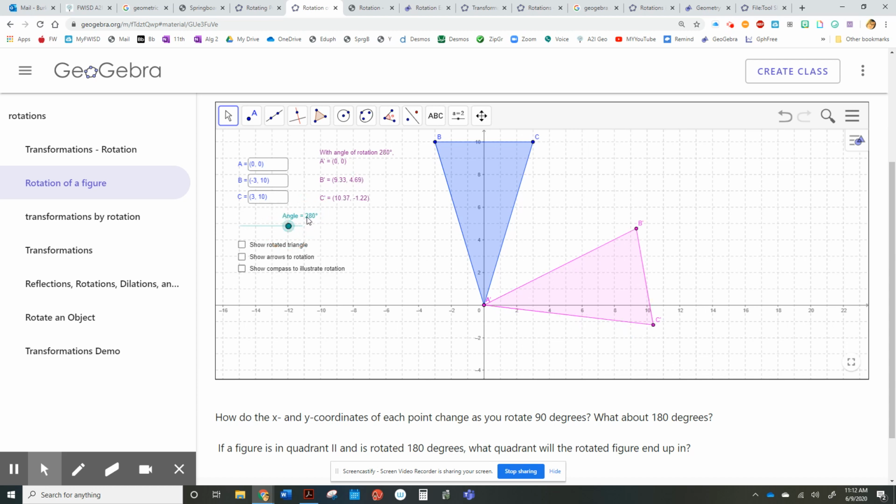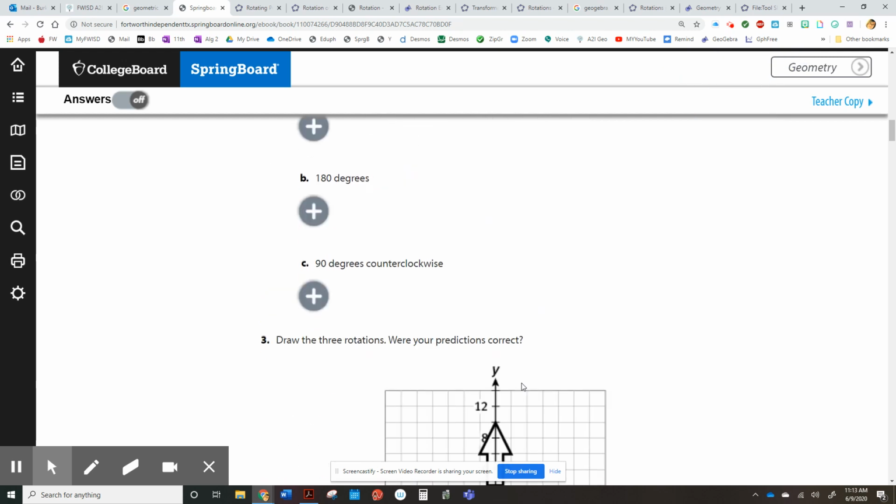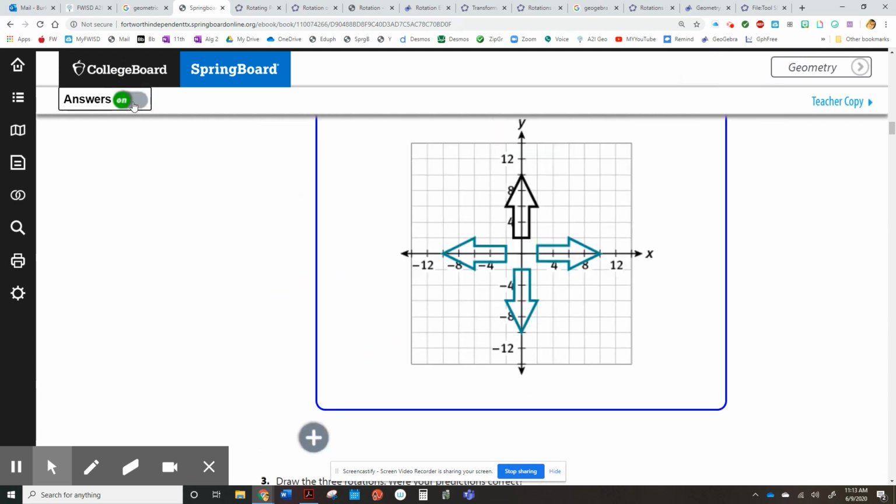I wonder if I could type it in. A little bit more this way. There's 270 exactly. But we're looking at a different picture now. We're looking at the arrow. Okay, so I'll tell you what, we'll just look at the answers and see if we were right. How about that? So yeah, there we were. There's the 90 degrees clockwise, 180 degrees clockwise, 90 degrees counterclockwise.